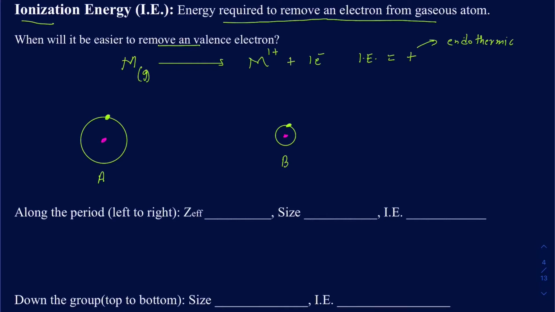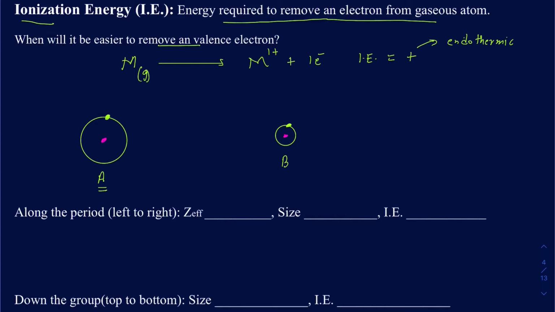Well, if there is a stronger attractive force toward the nucleus, it's going to be harder to remove an electron. Another way of saying it, if the nucleus is pulling onto that electron, it's going to require more energy to remove the electron. And if it requires more energy, we just call it higher ionization energy. If it's further away from the nucleus, it's going to have a weaker attractive pull, like in case of A. And if it has a weaker attractive pull, you will need lower ionization energy, and you can also call it easier to remove an electron.